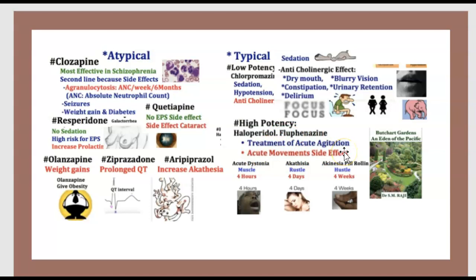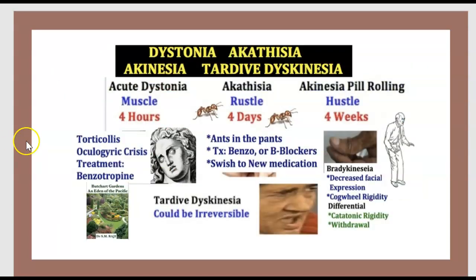Acute movement side effects: acute dystonia, akathisia, and akinesia. Dystonia, akathisia, akinesia, and tardive dyskinesia are side effects of neuroleptics.